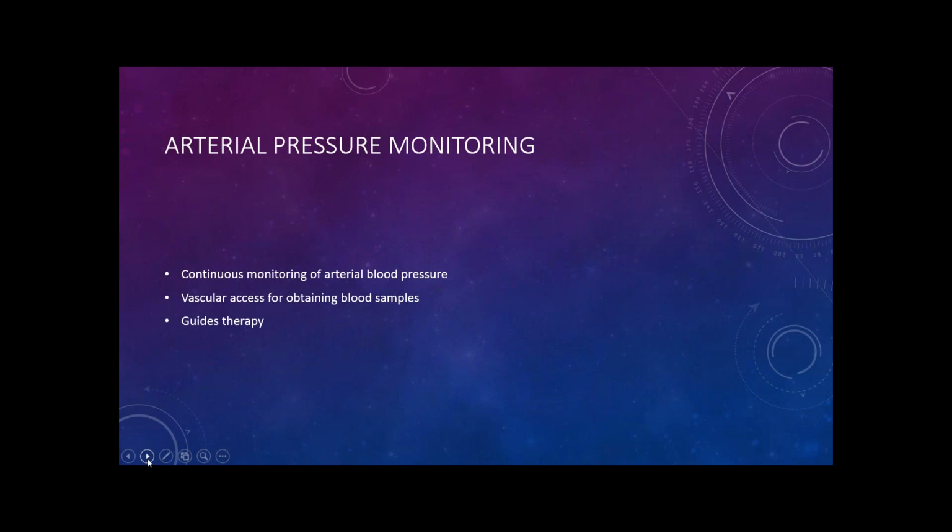So this actually helps us prevent further injury and assists us in making sure we are offering treatment which is based on appropriate and accurate readings. It also gives us an opportunity for access to blood for running labs and things like that without having to multiply stick the patient, which is very uncomfortable. We use, again, like I said, the blood pressure for guiding our therapy with many of our vasoactive medications and our nitrates.